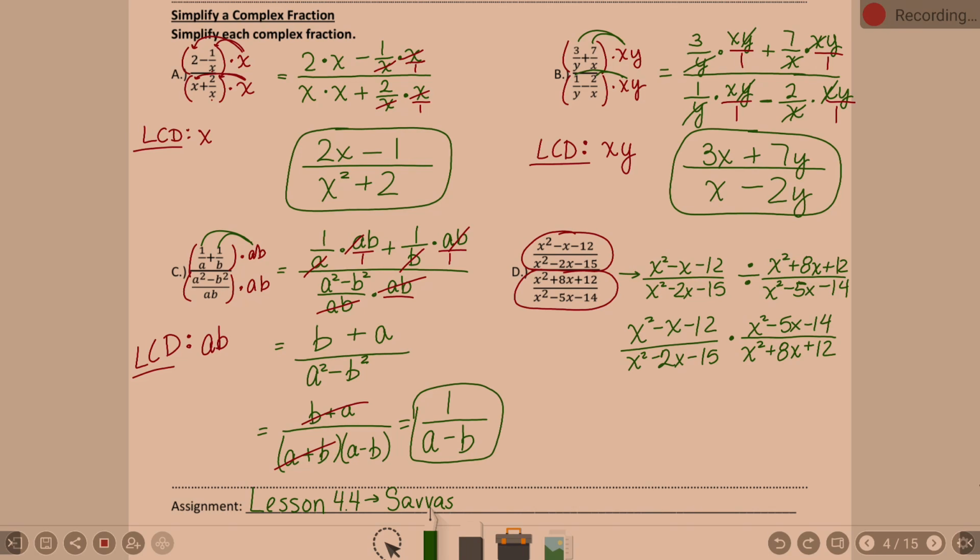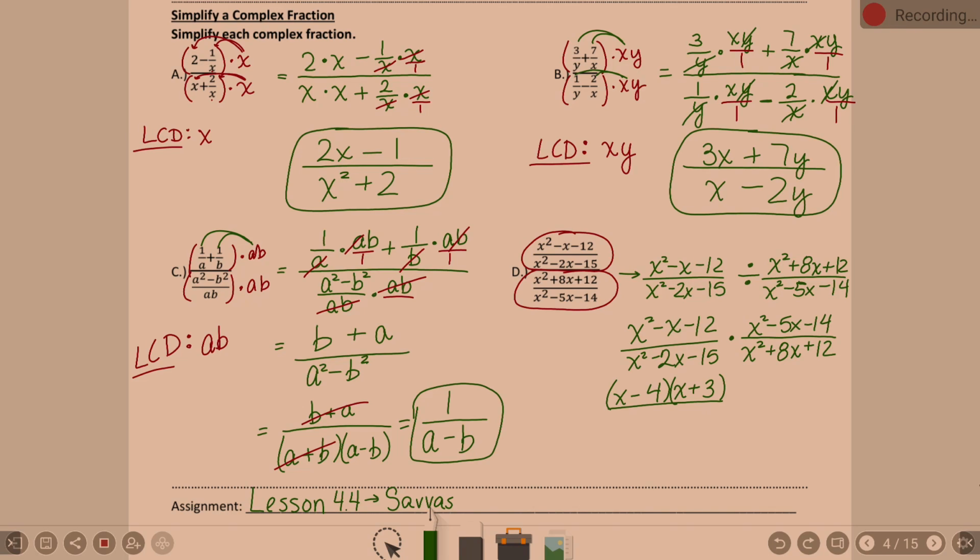Folks, this is now a problem from lesson 4.3. I was debating if it was 4.2 or 4.3. This is a problem from 4.3. You factor and you cancel. So, x squared is x times x, multiplying to be negative 12, adding to be negative 1: negative 4 plus 3.